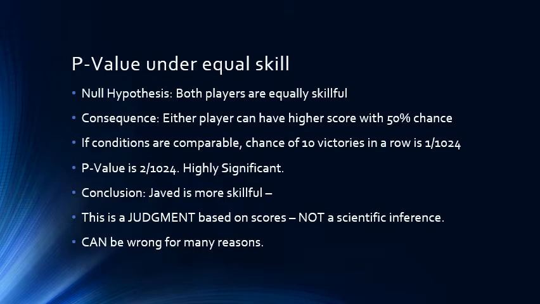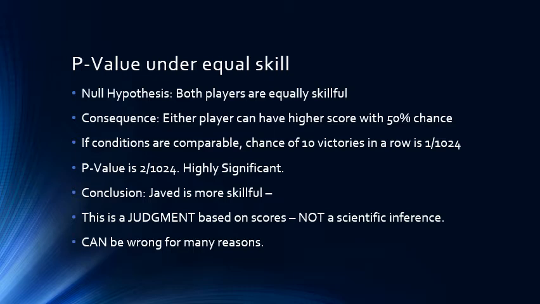So the p-value of this comparison is 2 over 1024, because the tail events are all victories for one player and all victories for the other player. There are two tail events. And this is highly significant according to the standard conventional p-values. And so we can conclude that Javed is more skillful.